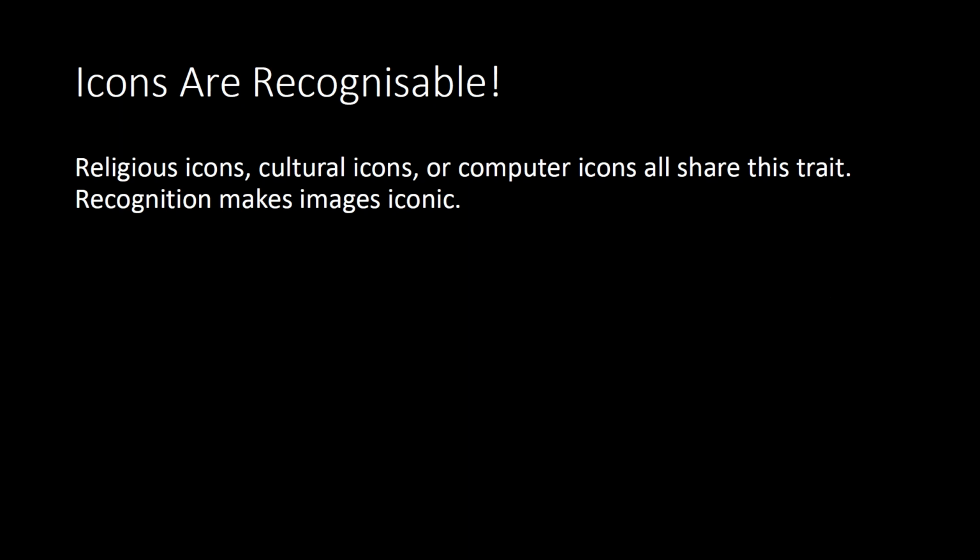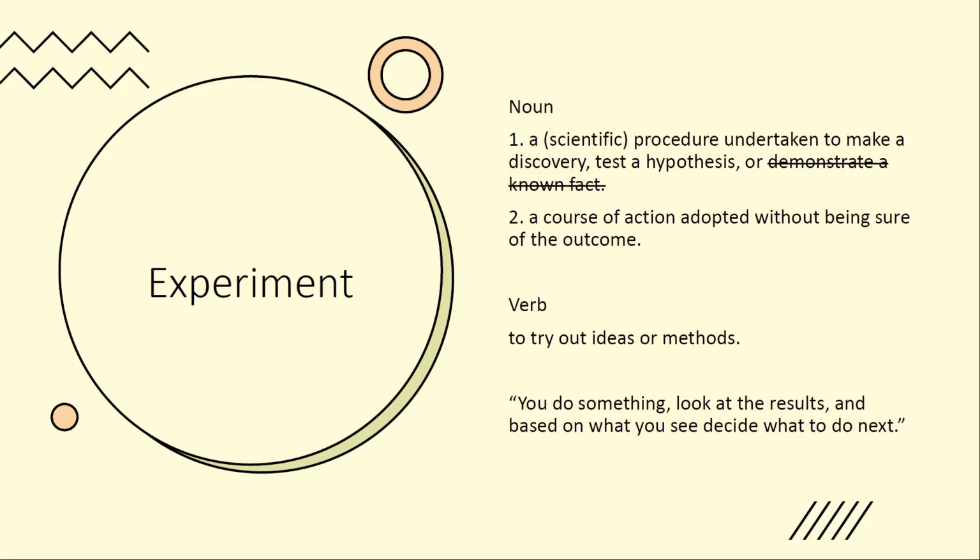Now, there's a little bit of wiggle room there, perhaps, in terms of how you interpret an icon, because there are definitely things that are specific to generations, images that are iconic for your generation may not be as iconic for other generations. But it is important that your icon is recognizable, because we're going to be playing around with that dimension in this project. Okay, so that's an introduction to icon.